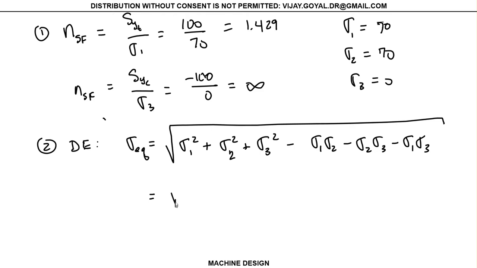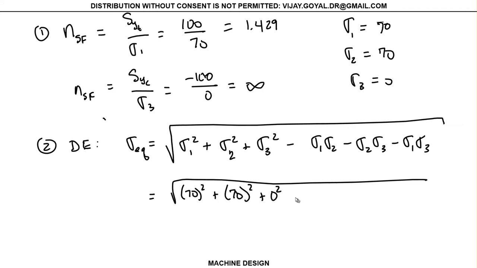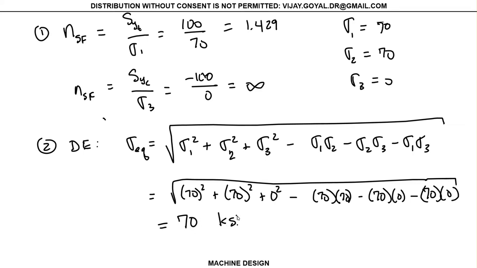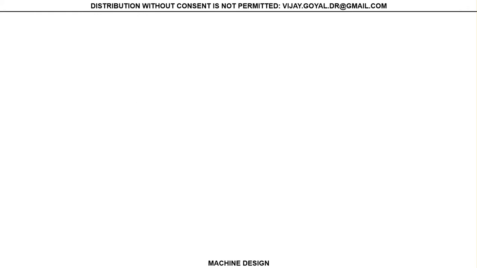If I put all the numbers in here, where this is 70 squared plus 70 squared plus 0 squared minus 70 times 70 minus 70 times 0 minus 70 times 0, evaluate all this, I would get a value of 70 KSI. So this is your distortion energy. Now I can take this value and find my factor of safety.